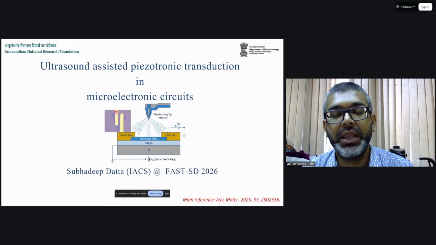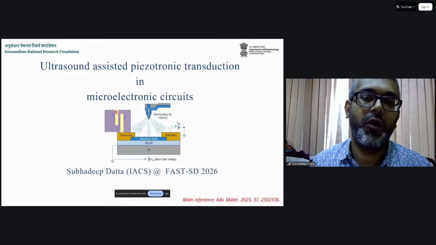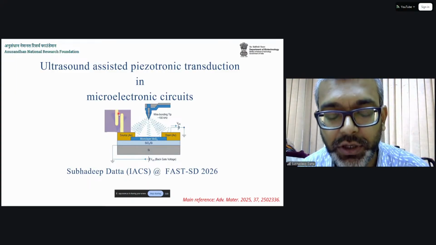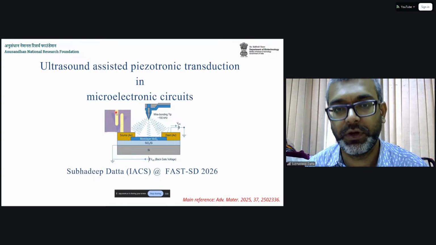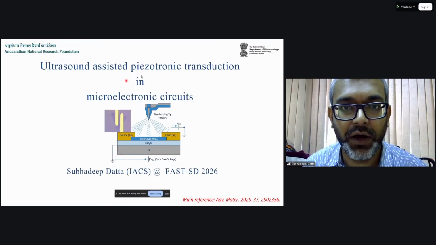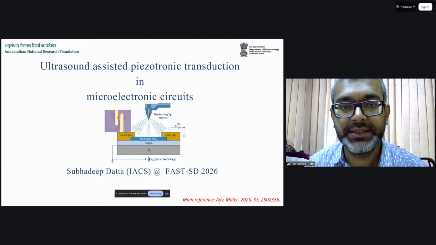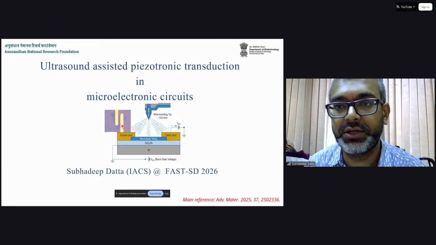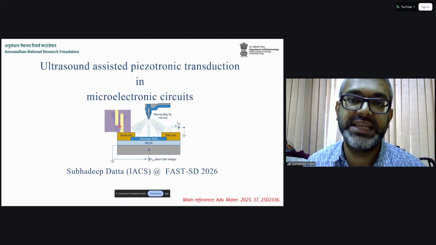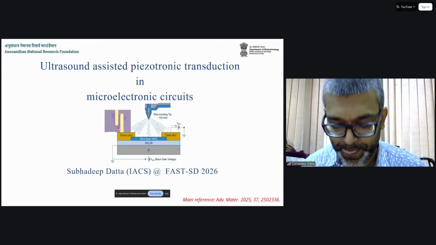Now, the main question which I want to pose is, what is the effect of sound on this tiny little region of van der Waals semiconductor? So ultrasound will be propagated through this material, and then with these two gold electrodes, we will try to see if we can detect piezotronic activity in these materials.